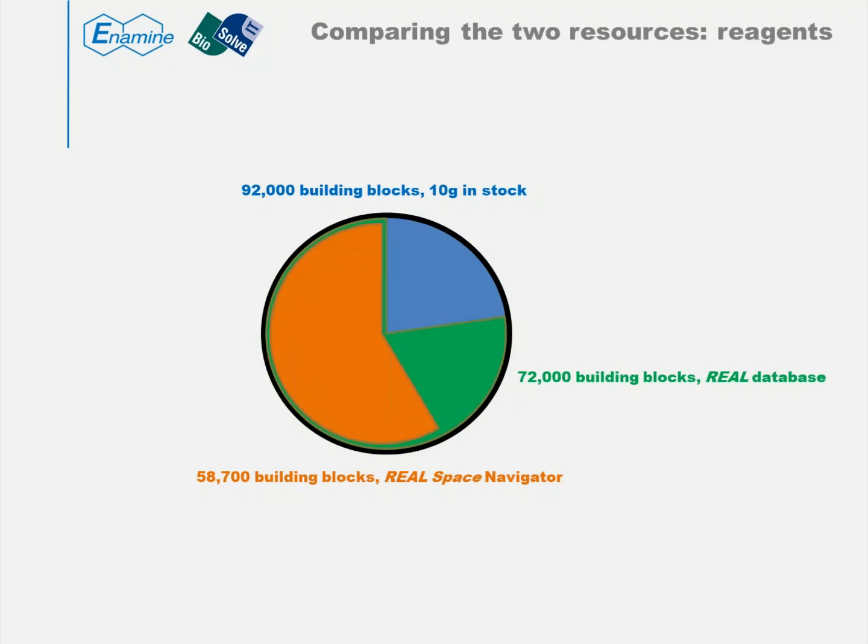So Real Space Navigator is built on a small fraction of the building blocks, but those fractions overlap.